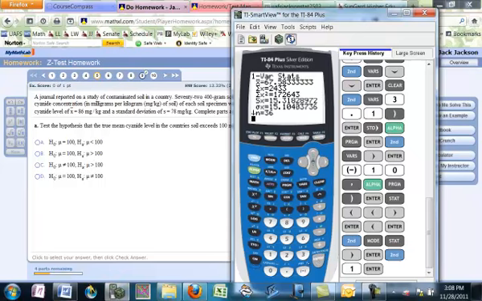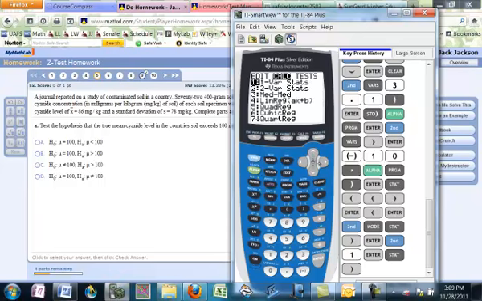The sample mean is actually 67.7. Let's say 65 is the hypothesized mean, so the null hypothesis is 65. Then we go to stat, and let's suppose that 15 is the standard deviation of the population. So let's assume that sigma is 15 and that mu sub 0 is 67.